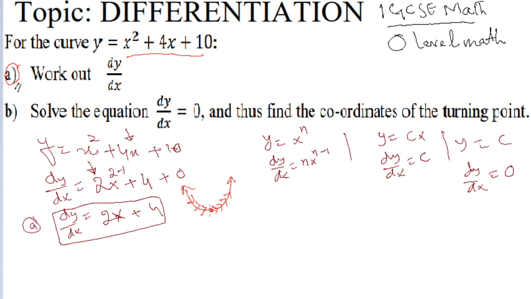So this is the turning point. This point is also called a stationary point. This point is sometimes called maximum. No, this point is minimum. Okay, this one is the minimum point.